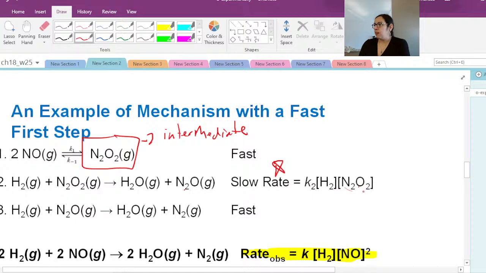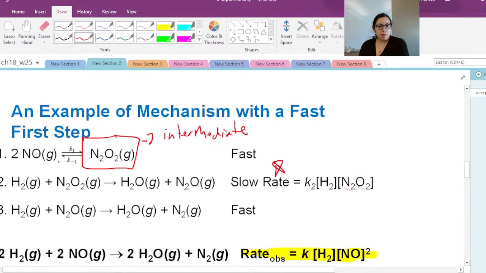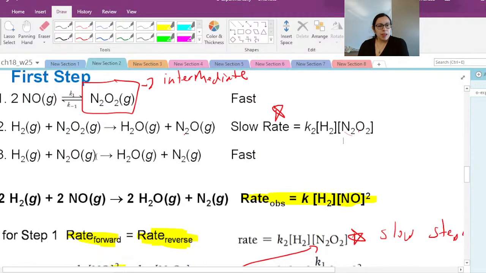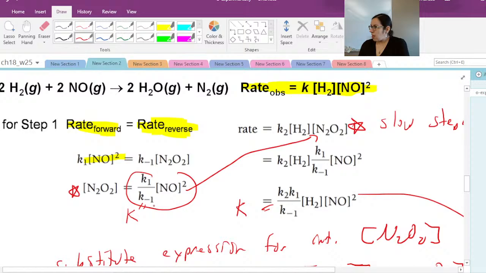And so that's where we got that expression, that this concentration is dependent upon this first step. And again, we have equilibrium. So if they're at equilibrium because it's fast, they're going at the same rate, which is how we got that expression and substituted it in. Does that kind of clarify?